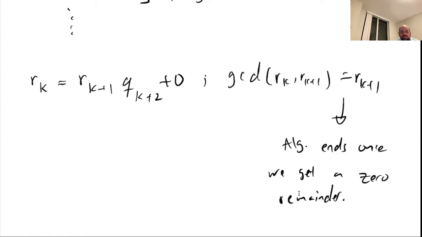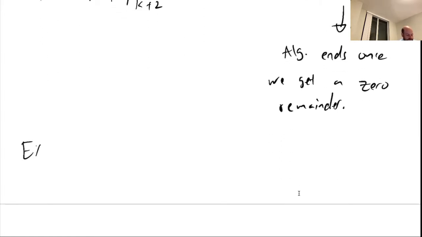Okay, so let's look at an example. So for example, let's say you want to find GCD of 662 and 414.